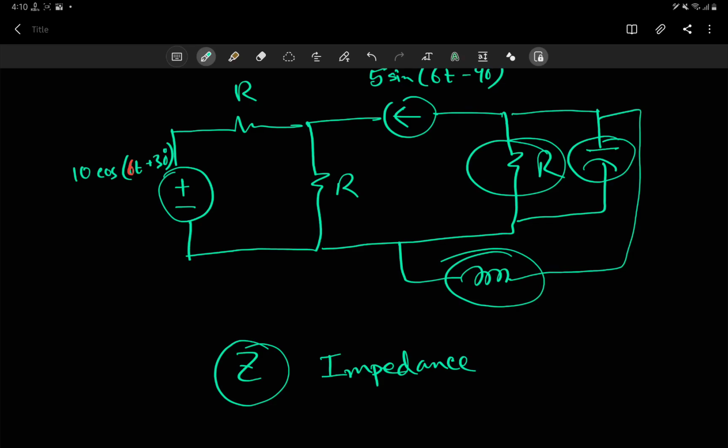Now, you might be afraid, okay, how do we do this? Do we need to invent something, learn something new? Well, here is a genius idea. Let's use everything we have learned before, except instead of using real numbers, let's use complex numbers. So that's a huge benefit. Using complex numbers, the same techniques we have learned for DC will work here.